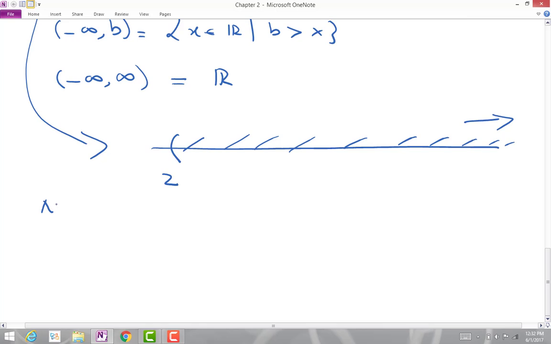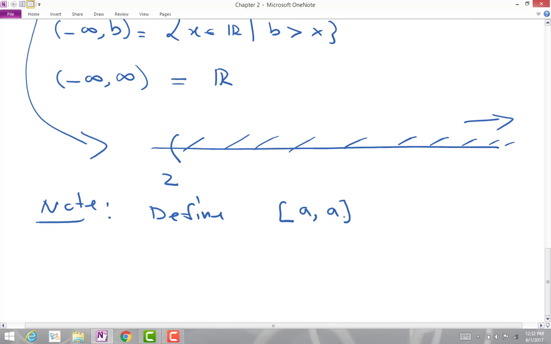And as a note, we can define what happens to the closed interval if I start at the point a and end at the point a. Now, is this a finite interval or an infinite interval?